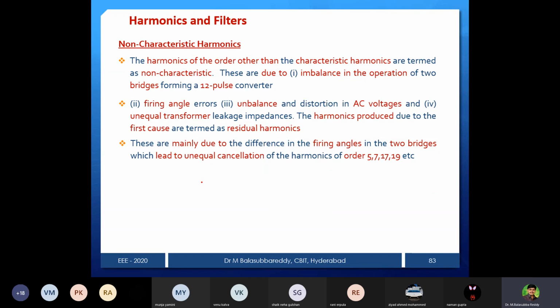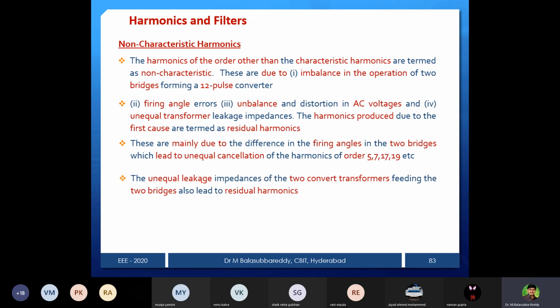In the two bridges, this leads to unequal cancellation of the harmonics of order 5, 7, 17, 19, etc. The unequal leakage impedances of the two converter transformers feeding the two bridges also lead to residual harmonics. As I mentioned previously, there are two transformers, one in converter 1 and one in converter 2, feeding the two bridges, because one is a 6 pulse converter and the other is another 6 pulse converter.